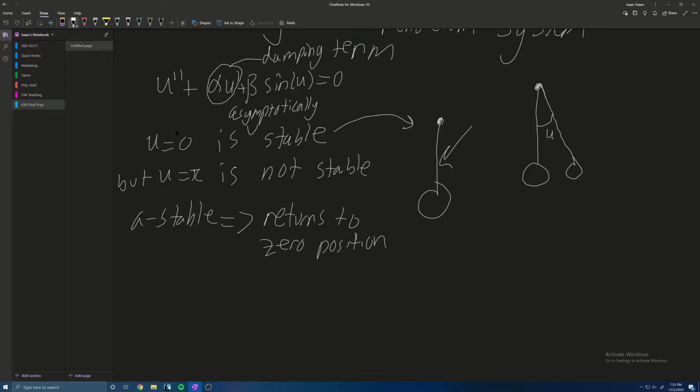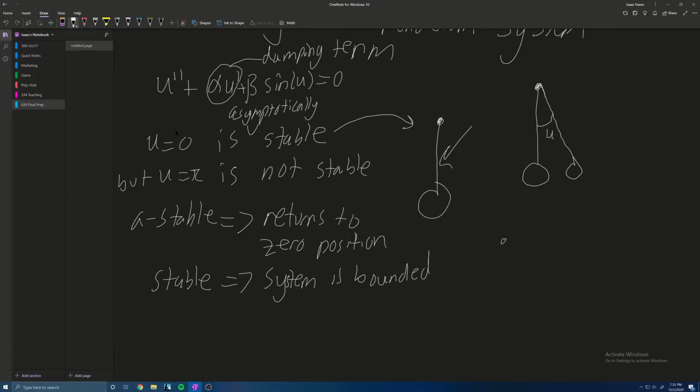If you don't have asymptotic stability, you just have regular stability, which just means that the system is bounded. That would be the case if we removed our damping term, the alpha u prime.